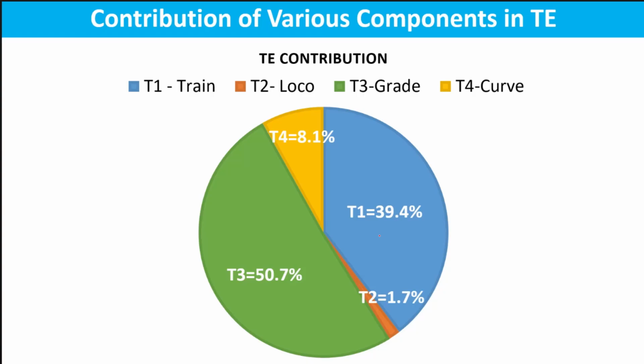Similarly, T1 means our train combination. If there are more heavy weights or more coaches, then definitely more tractive force is required. This analysis of various components will help us understand the effect of higher locomotives on our bridges. We will discuss this part in the next slide also.